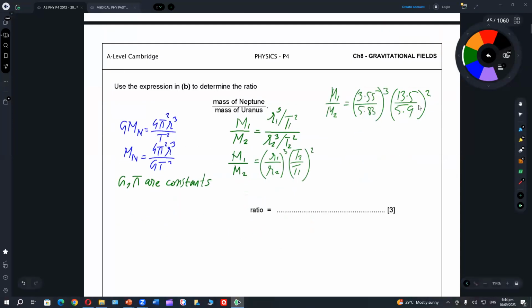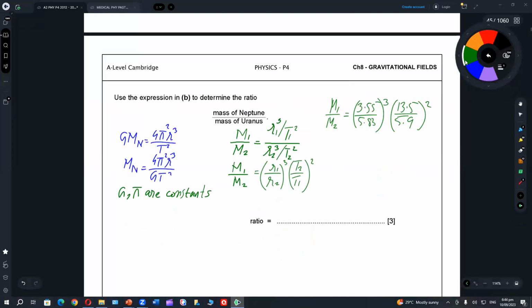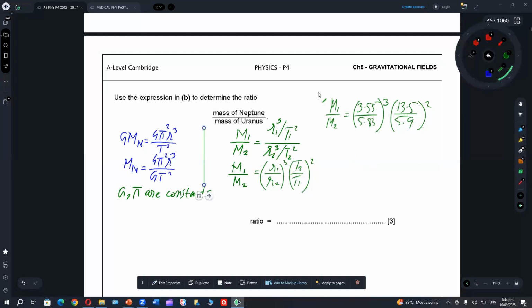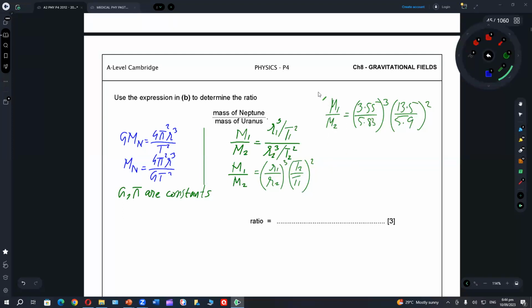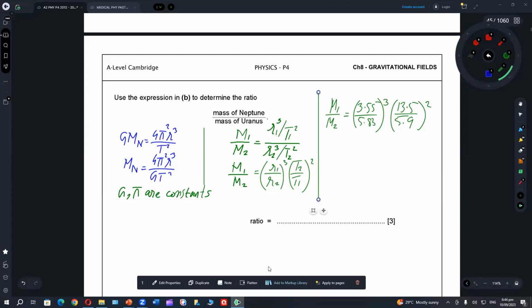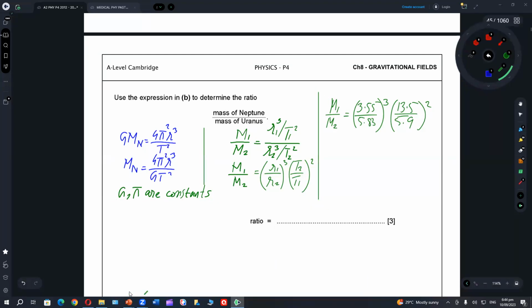Now make this ratio. Solve this ratio and let me know once you get the answer. I got one answer by now, that is 1.18. Okay, two answers, 1.18.